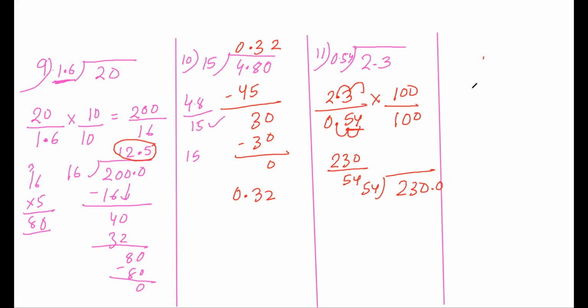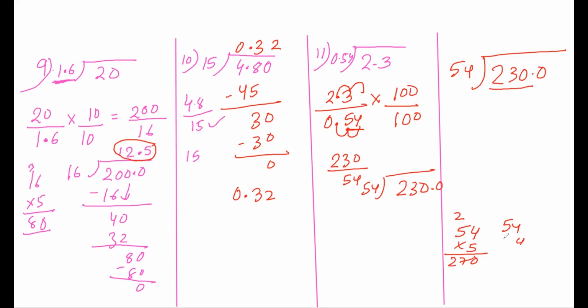Let me take the space. I cannot take 54 times 1. Let me take 54 times 9, or 54 times 5. It's big. 54 times 4. Okay, 54 times 4 is 216.